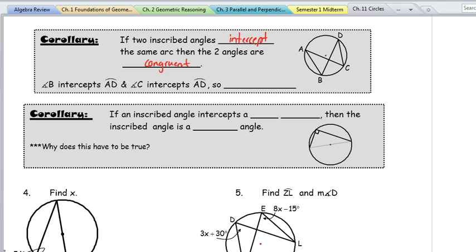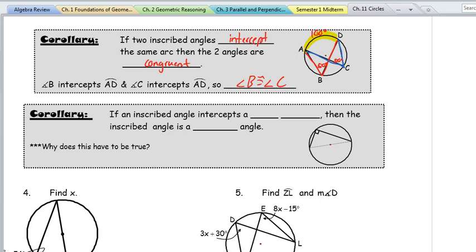For example, angle B and angle C intercept this same arc. We can see that that's happening. Pretty easy idea: if this is 100 degrees, this has got to be 50, which means this is 50. So B intercepts AD, and C intercepts AD, so angle B is congruent to angle C.